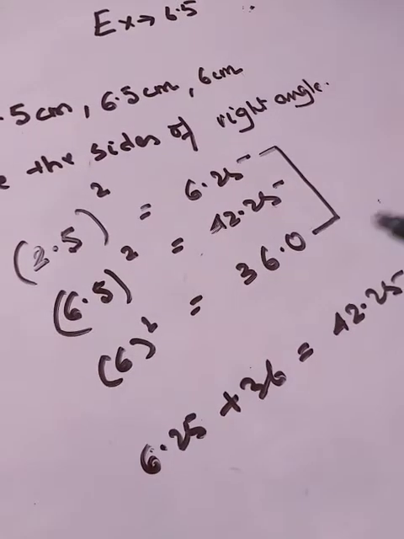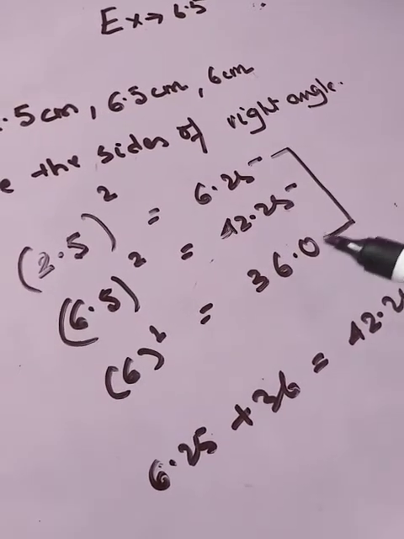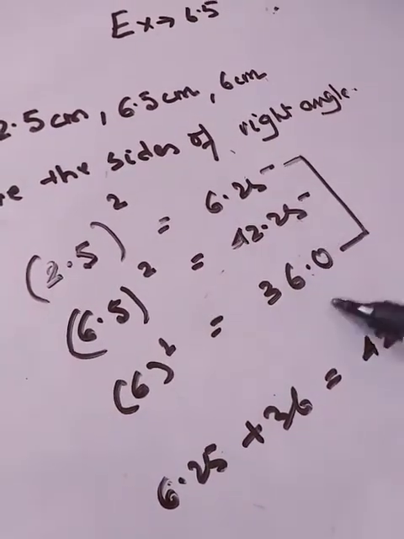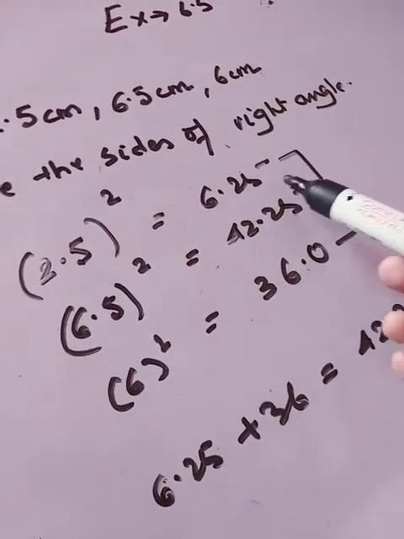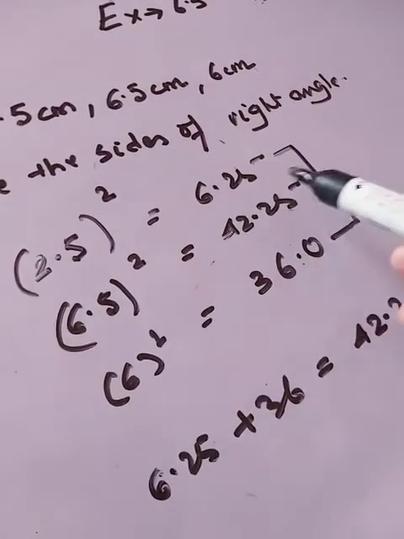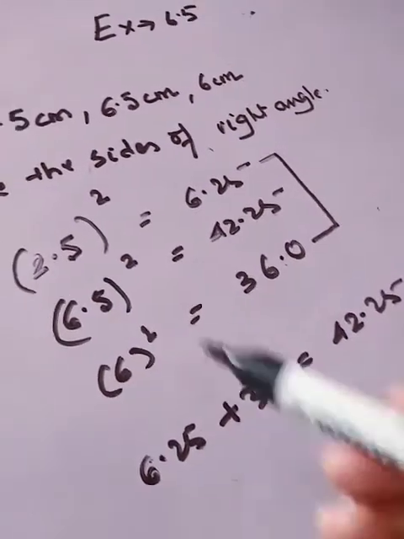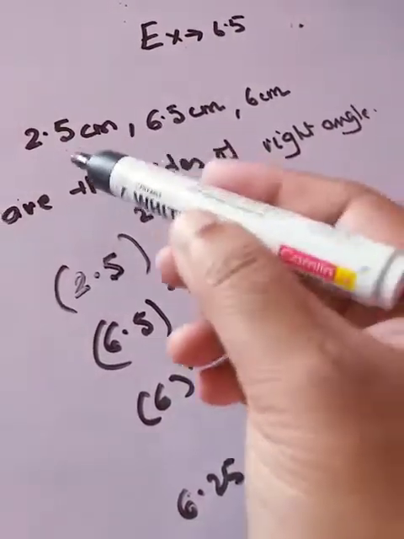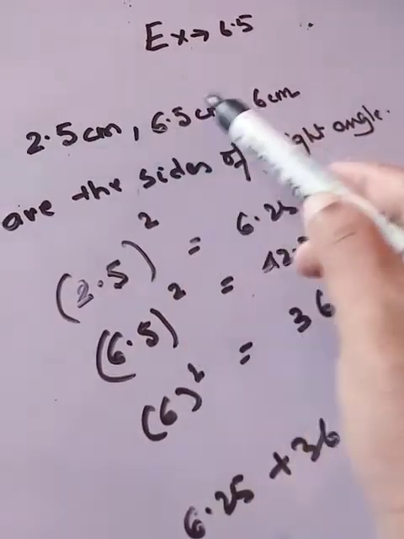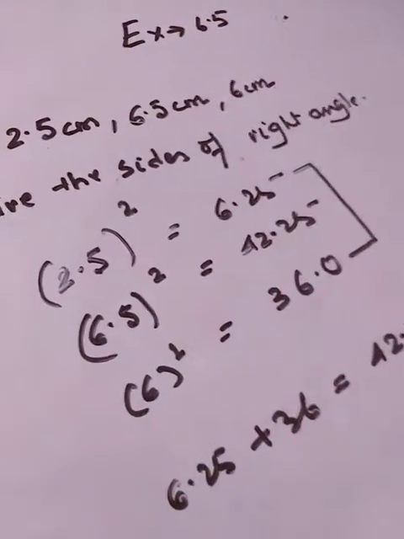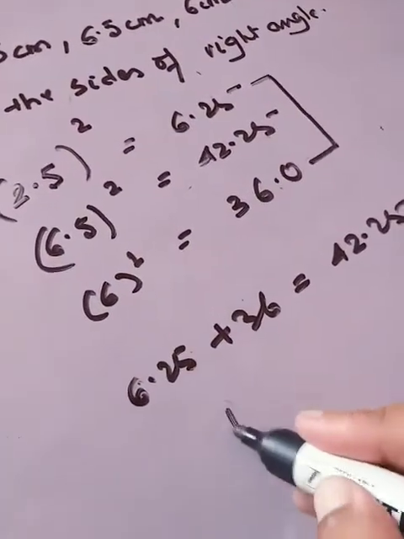So if it happens that you add any two squares, and you get the sum which is equal to the square of the third side, then all these are the sides of a right angle triangle. So you will say the statement is true.